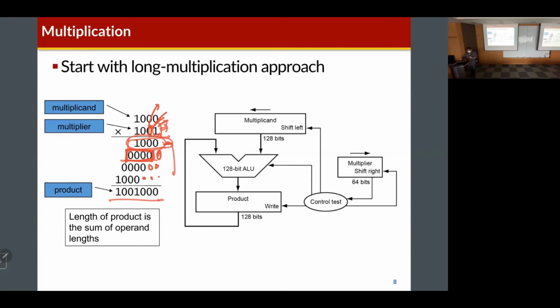Okay. So this is the hardware of the multiplier, a very simple multiplier. Which means that actually the multiplicand is shifted, and then this multiplicand is multiplied by a digit of this multiplier, and then the partial products are accumulated here.